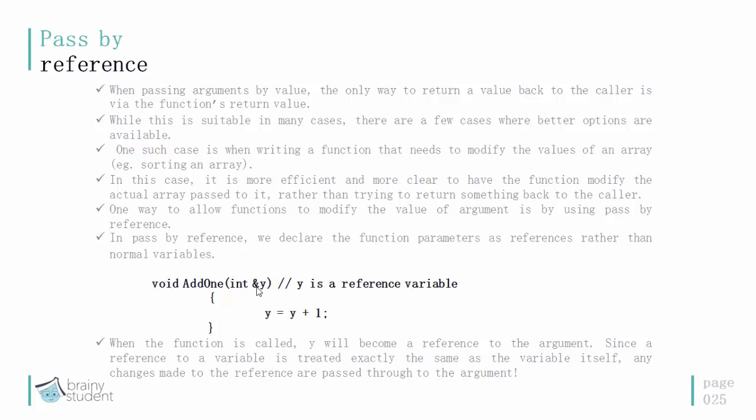So it becomes an alias. We will work on the actual copy of the data, not on a duplicate copy of data. So for that, we have to pass the reference. For that, in the function parameter list, we will have a reference variable.